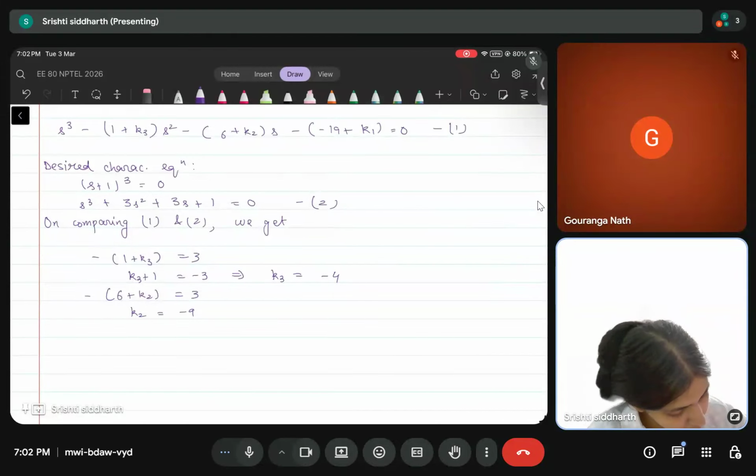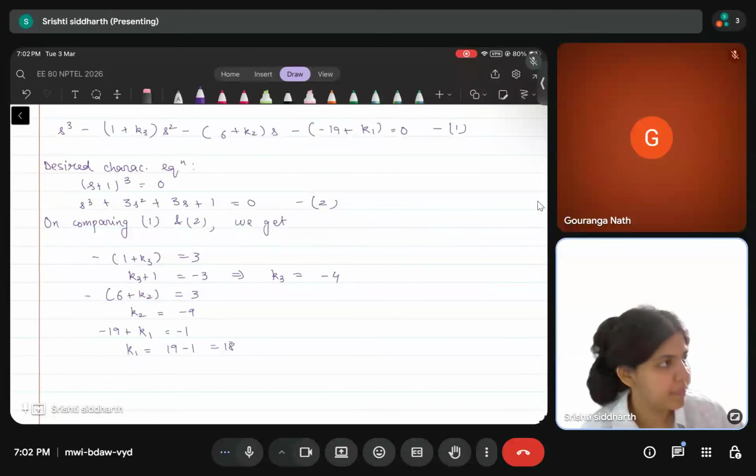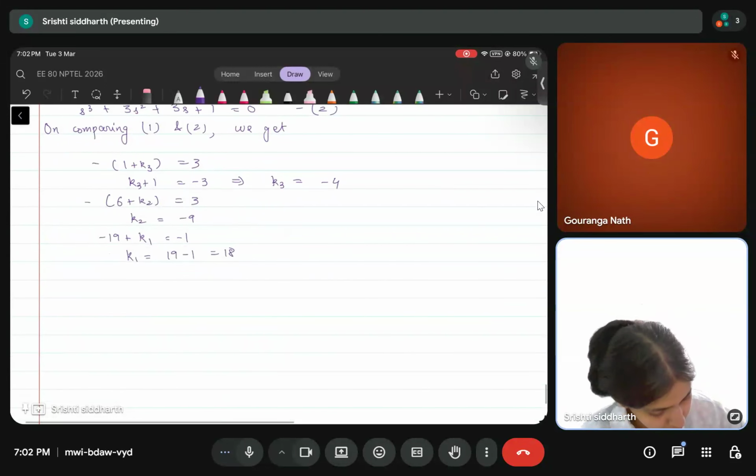Finally, we have minus 19 plus K1 equals 1, sorry, minus 1, K1 equals 18. So the gain vector looks like 18, minus 9, minus 4.